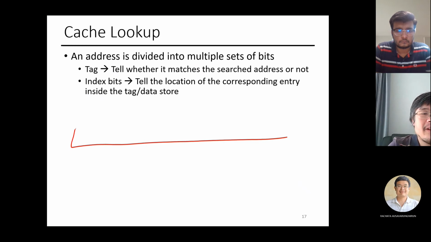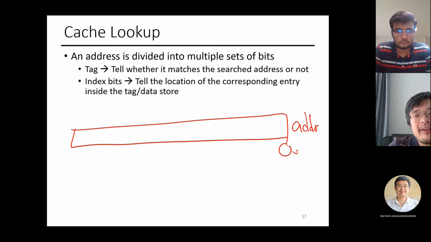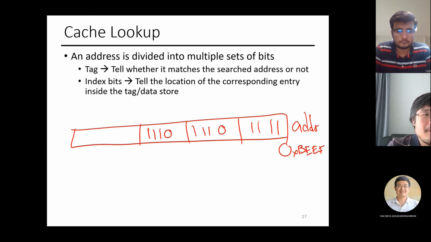So let's say this is your address. This can be 0x, I don't know, BEEF. Let's say the address is 0xBEEF. So you can have the bits corresponding to BEEF. So this is F, this is E, this is E, and B, I think B is 11. So that's your address.